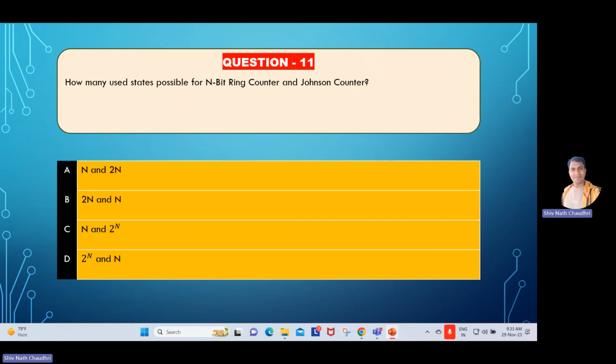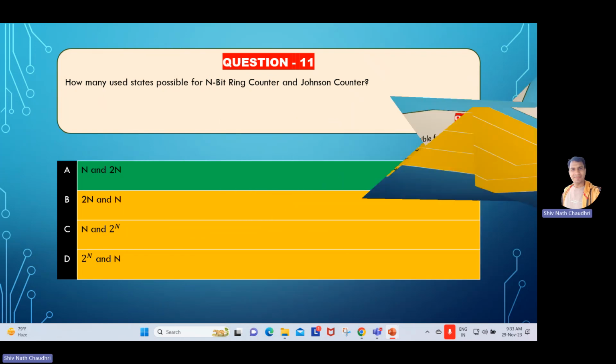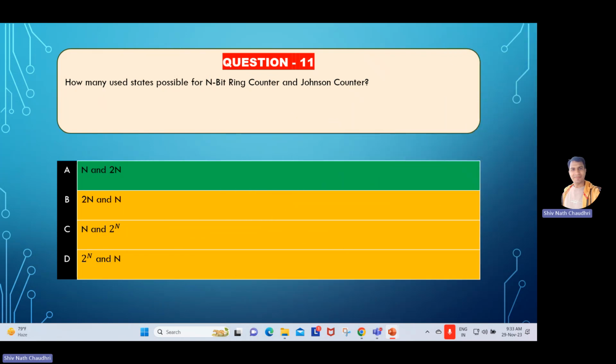And for Johnson counter, because it utilizes twice the states in comparison to ring counter, it must be 2n, because n bit is the same for ring counter and Johnson counter. So n, 2n. So option A should be right for this. Yes, option A is right for this 11th question.